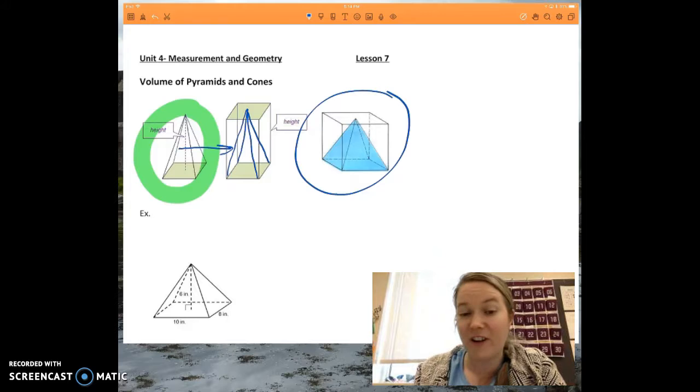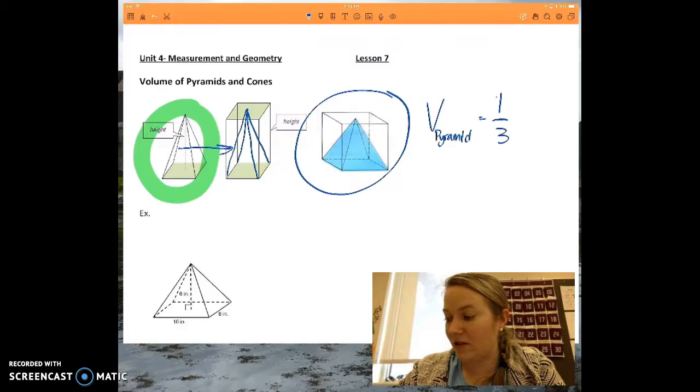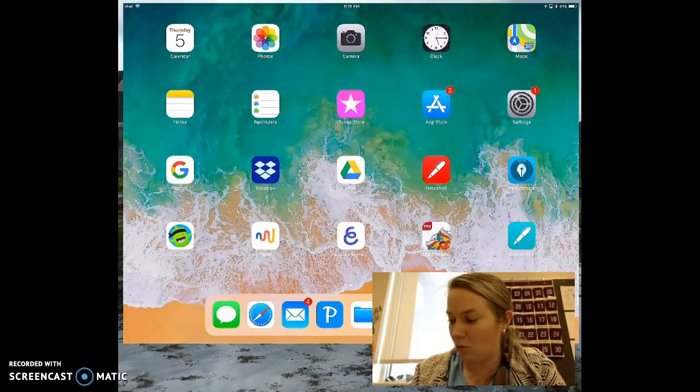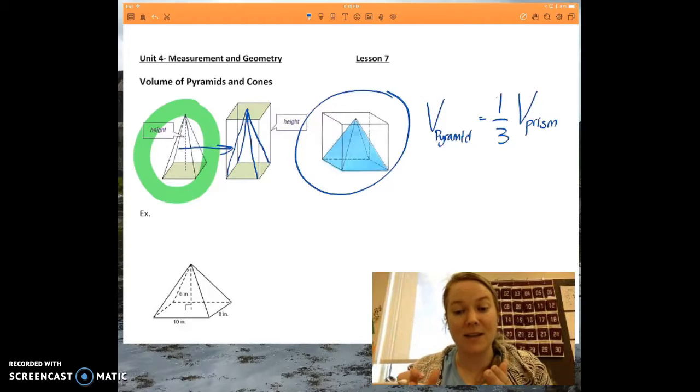And what we find out is that the volume of the pyramid is exactly 1/3 the volume of the same prism. My apologies, 1/3 the volume of the same prism. So a prism with the same base and the same height.